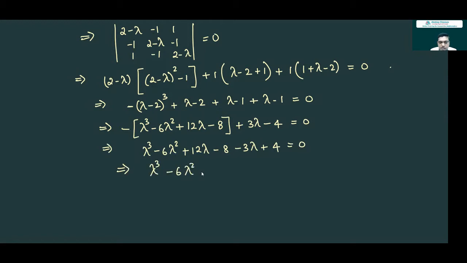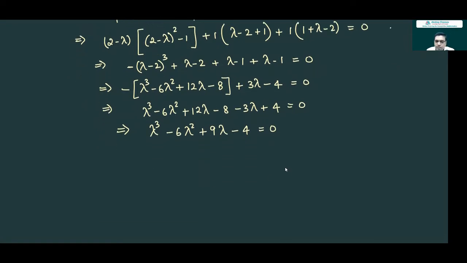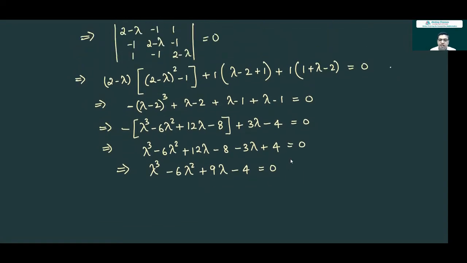Lambda cube minus 6 lambda square plus 9 lambda minus 4 equal to 0. So this is the characteristic equation.